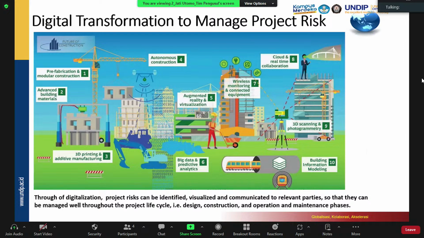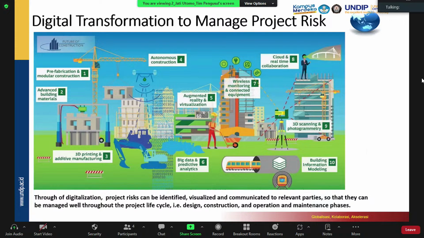BIM has been introduced in Indonesia for the last 6 years, I think, and it's getting more common. And even in specific types of projects, it is an obligation. It is obligatory for projects which are funded by government money.